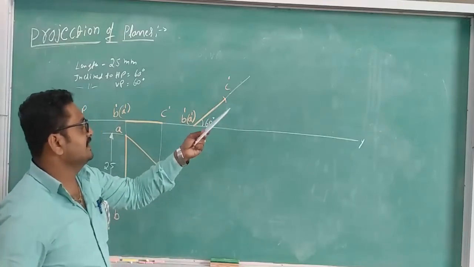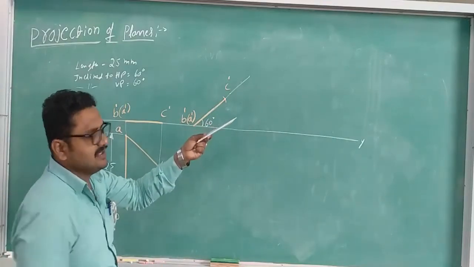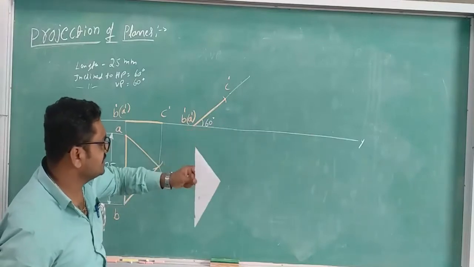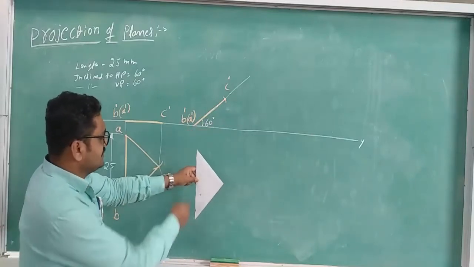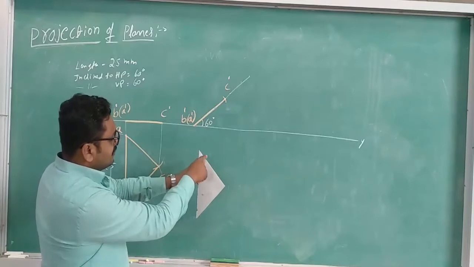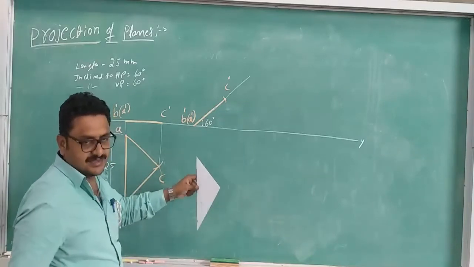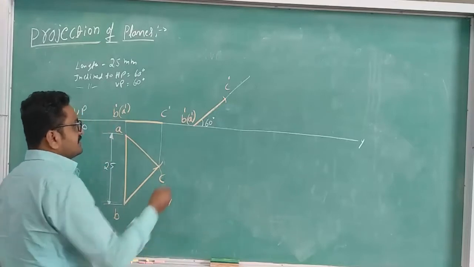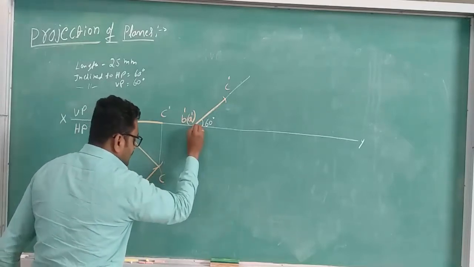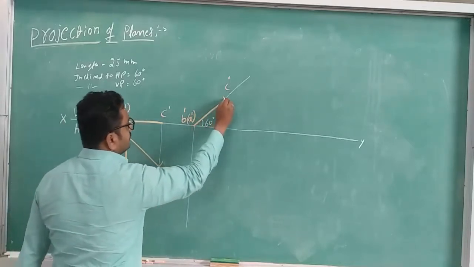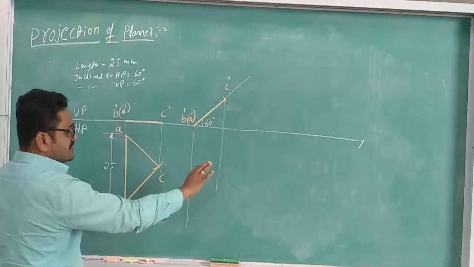The surface is inclined to HP at 60 degree, and then when you see it from the top, it will look like this. See, this will retain the same length, but these two edges, when we keep on inclining, the length will reduce. How to get those two points? We will draw the vertical projections from the front view and horizontal projections from the top view.